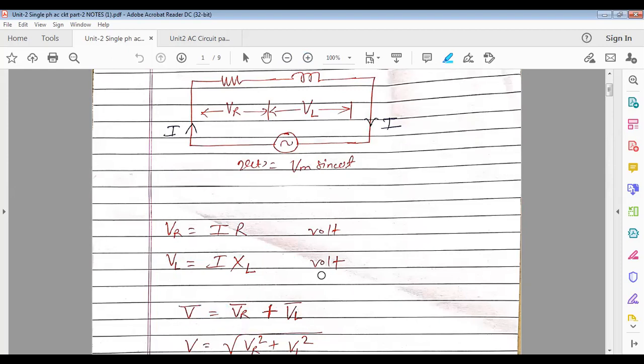We have seen the instantaneous voltage equation and instantaneous current equation. We can convert them into polar form. Polar form means what? It has magnitude and some angle also, right? This is the polar form.